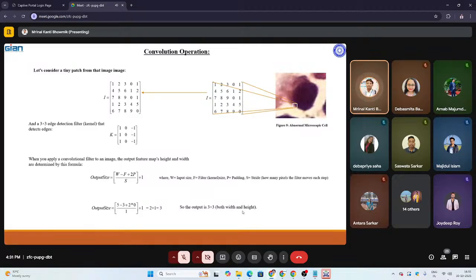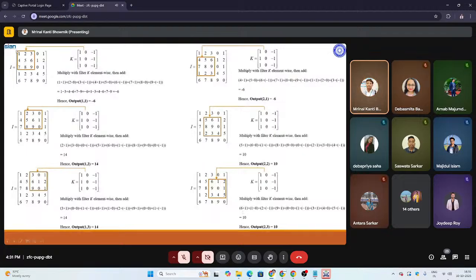In the next slide, you can see the convolution operation over the 5 by 5 matrix with the filter. It works by multiplying the values, 1 into 1 plus 2 into 0, and in this way I get the value minus 6 for output 1 1.